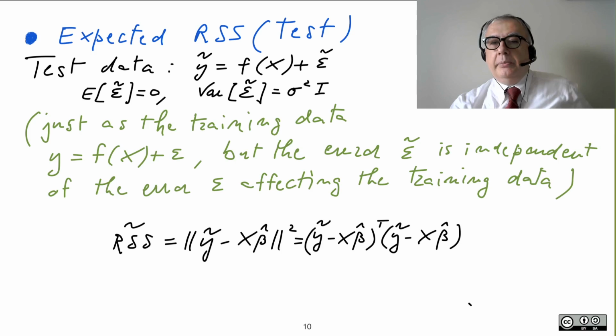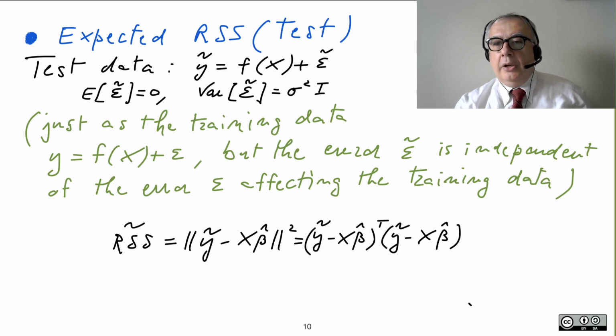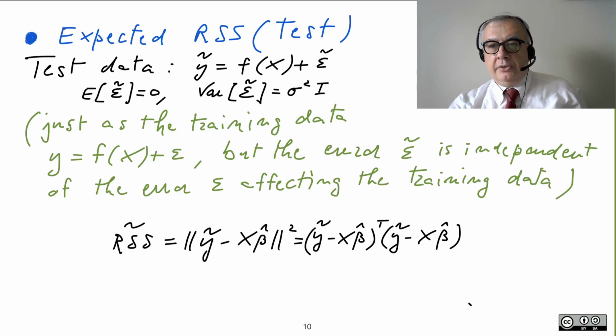So if we had a model with too many parameters that had learned the noise epsilon, when we use this model to predict y tilde, the noise epsilon tilde is obviously different from epsilon. We are assuming that these noises are independent from each other, and therefore it will be of no use having learned the noise in the training data, and the performance is going to be poor.